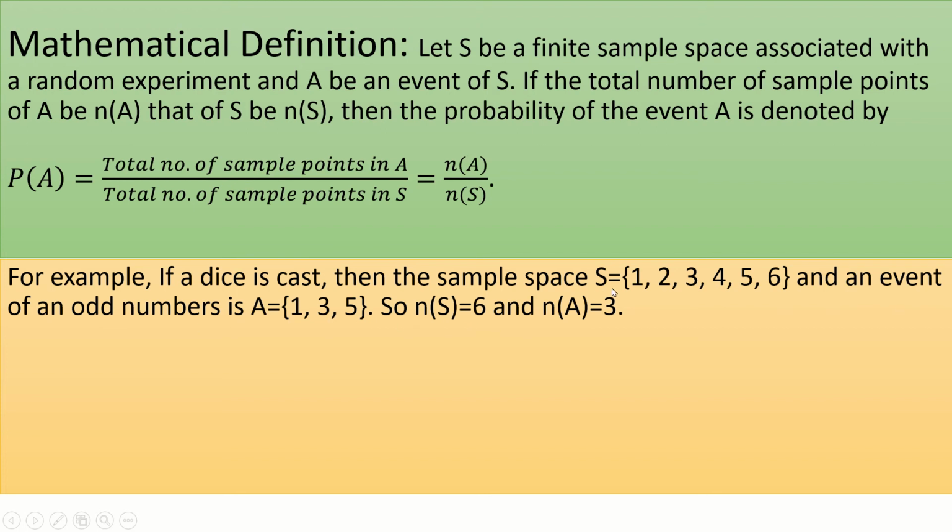So n(S) is equal to 6, as here we have 1, 2, 3, 4, 5, 6, and n(A) is equal to 3, as here the elements of A are 1, 3, 5. So n(A) equal to 3. Clear? Therefore, P(A) equals n(A) divided by n(S). This is equal to 3 by 6, which is equal to 1 by 2. Clear?